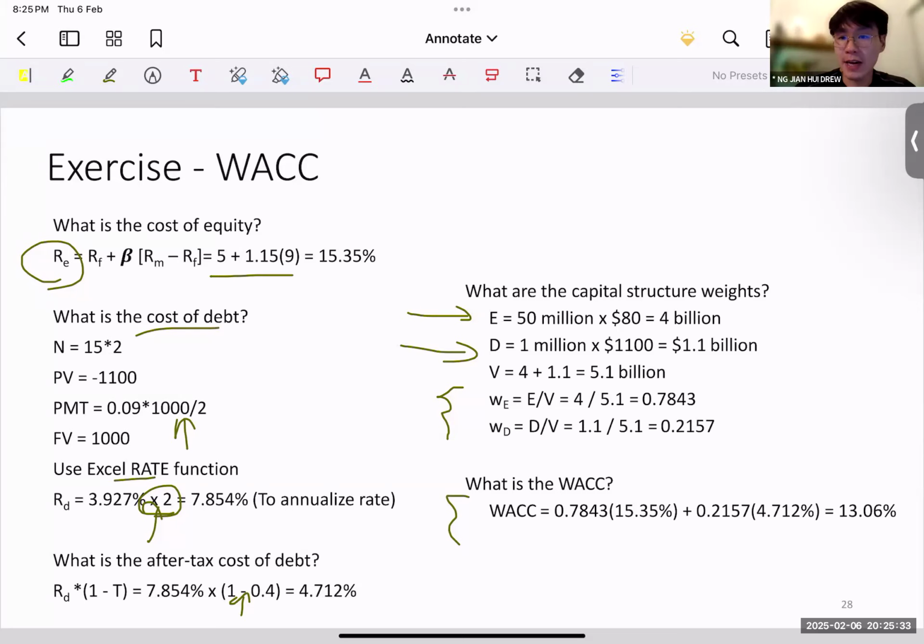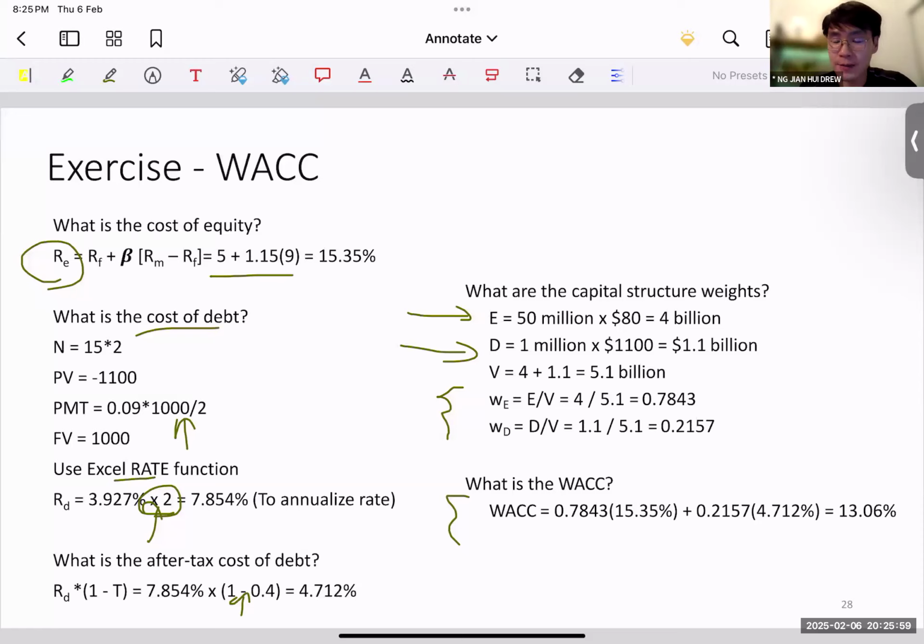Okay, yeah, I'm looking at Excel now. I do see a yield function. I think you should be able to get the same yield to maturity. So I think you will get the same value because rate also gives you the yield to maturity.